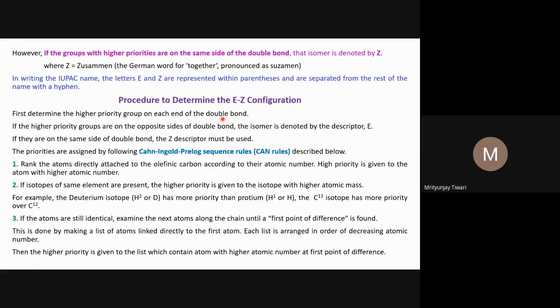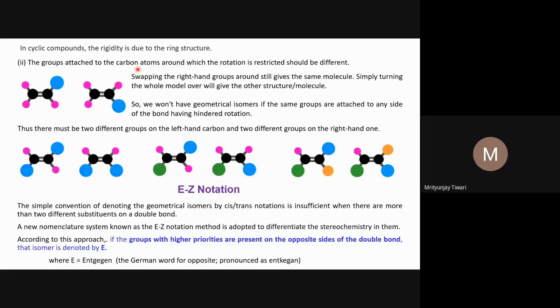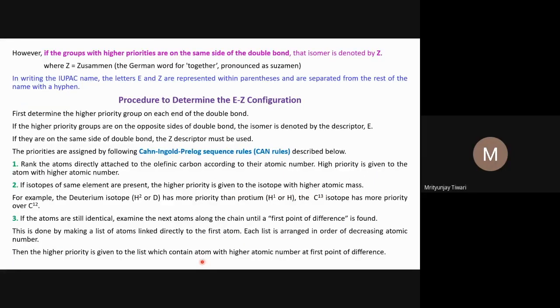If the higher priority groups are on the same side, it is Z, and if on opposite sides, it is E. Z stands for Zusammen, meaning together, and E represents Entgegen, meaning opposite, both German words.